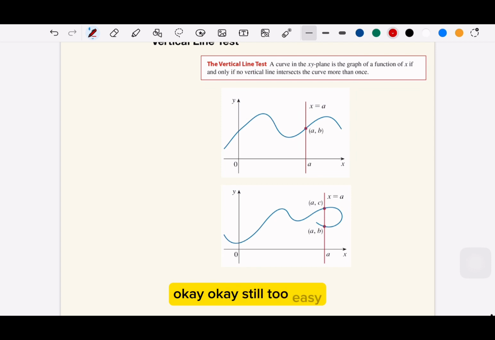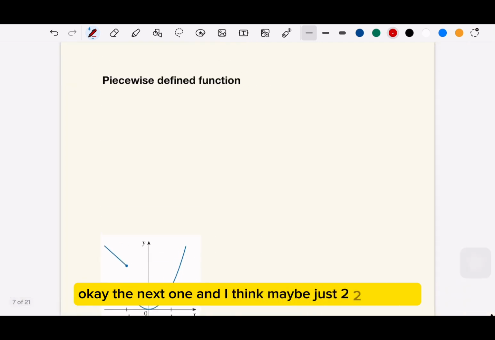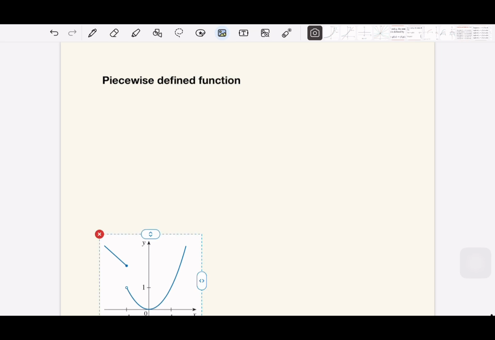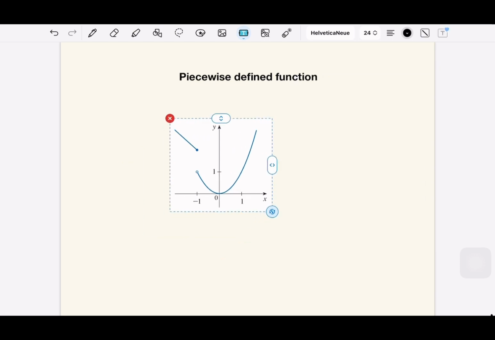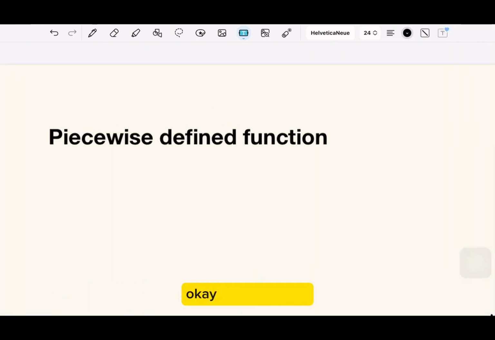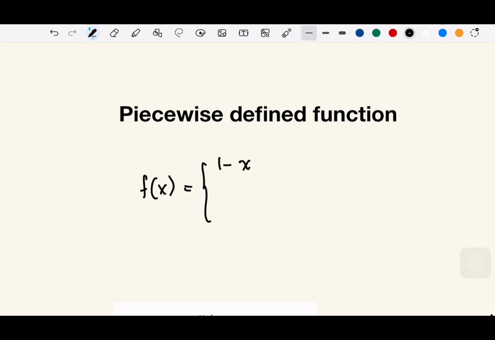Okay, still too easy. The next one, and I think maybe just two last parts.